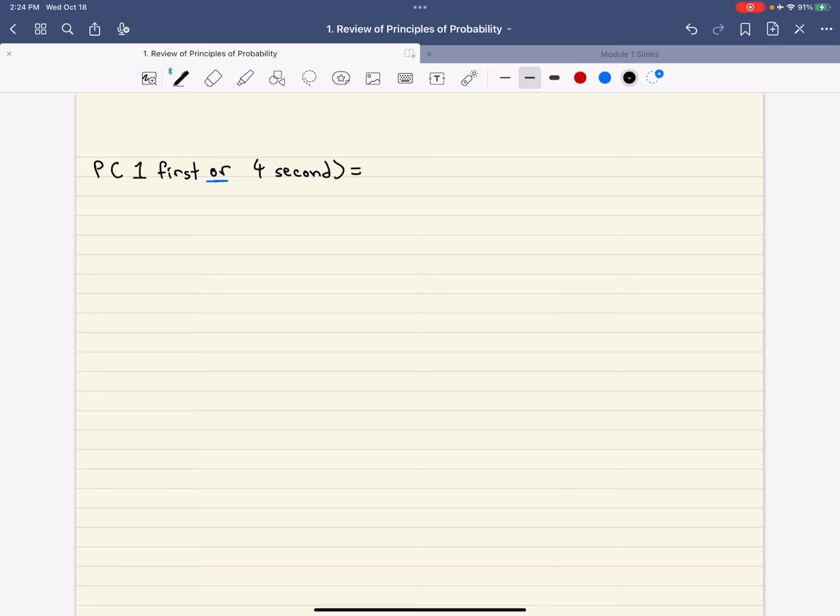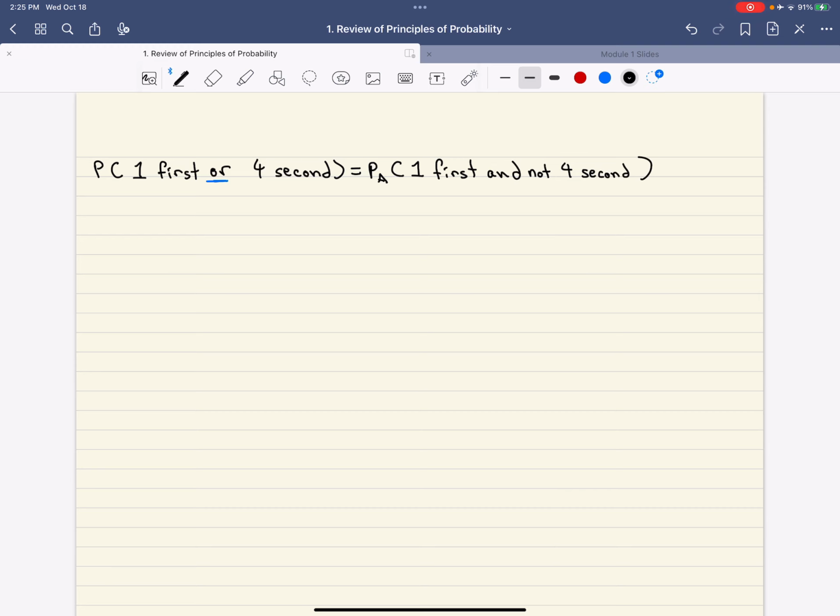And so the first event that we can consider, which we'll call PA, is the case where we roll a 1 on our first roll, but on our second roll we do not get a 4, right? So we need to consider the case where we get a 1 first and not a 4 second.